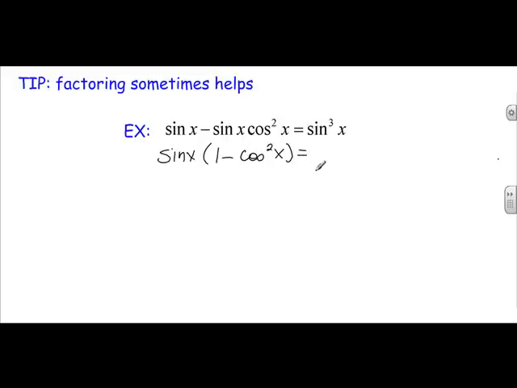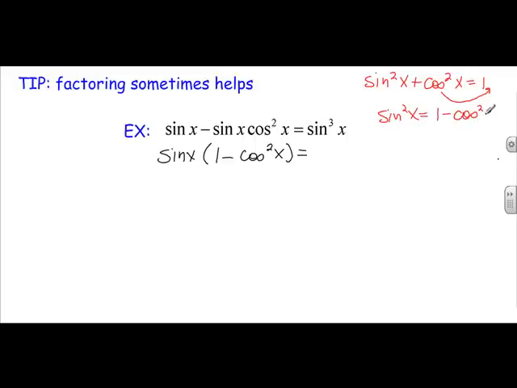Now, there's an identity that you've learned that says that sine squared x plus cosine squared x is always equal to 1. Well, if I move that cosine squared x to the other side of that equation, I'll have sine squared x is equal to 1 minus cosine squared x, and that's exactly what's there.